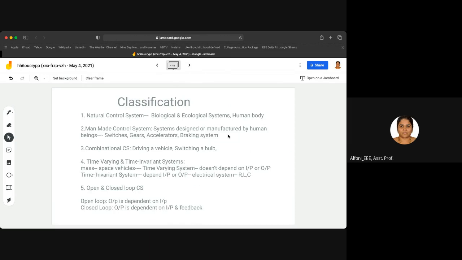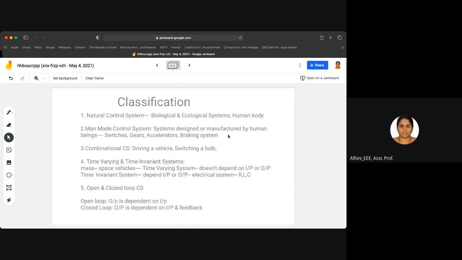So this is the combinational type of control system which includes both the natural, that means the biological, and the man-made control system, which can include the switches or the gears or the accelerators or the braking system. The next one is the time varying and the time invariant system.